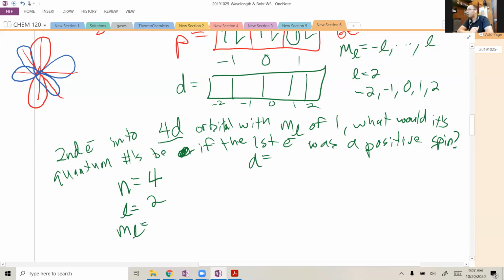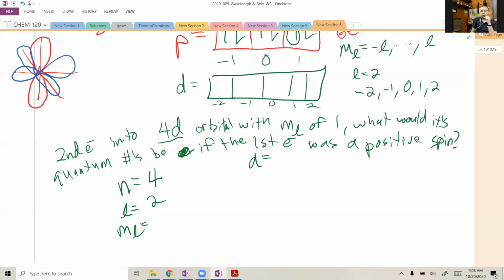What should the M sub L value be for this one? Is it -2, -1, 0, 1, 2? That would be if it was anywhere in the 4d, right? But the problem is specific.